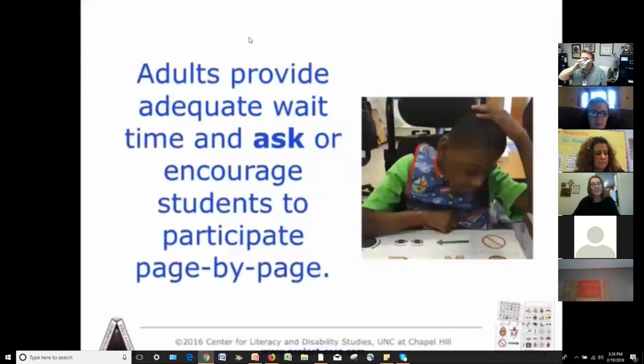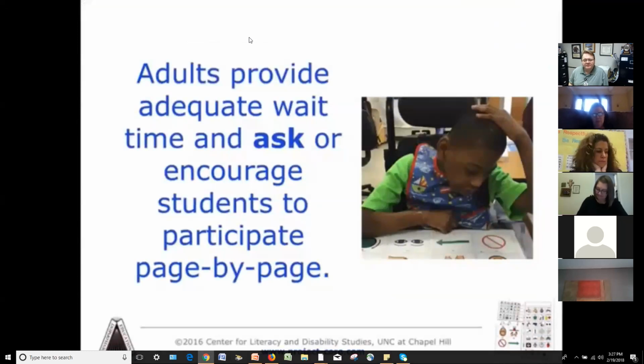If we want students to participate in communication exchanges on a page-by-page basis, we must slow down our reading process to provide students an opportunity to participate. Adequate wait time literally means that after reading a page or making a comment about the page, the adult pauses for 5, 10, or more seconds and says nothing.